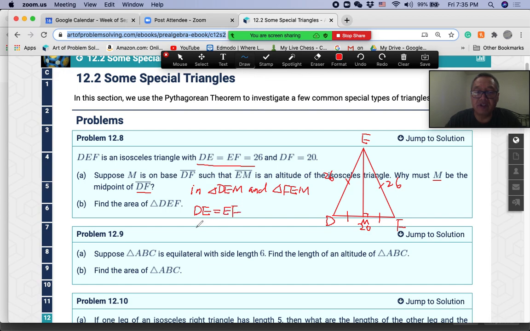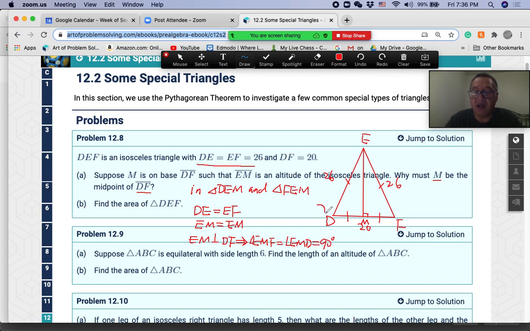They give us this one equals 26, right? Then EM equals EM, this side is shared. Then EM is perpendicular to DF. From this, you get that angle EMF equals angle EMD, and this equals 90 degrees.